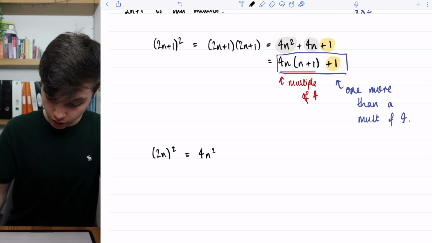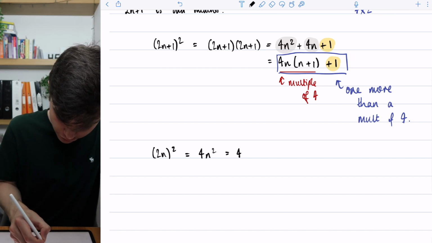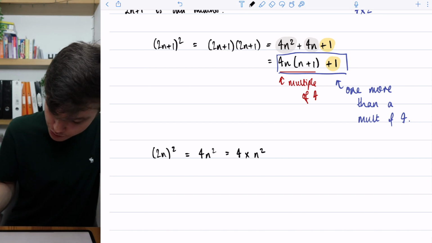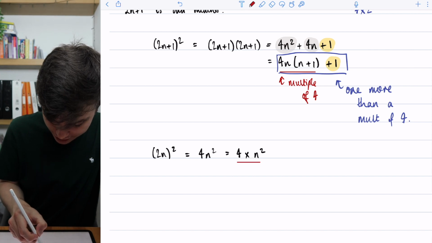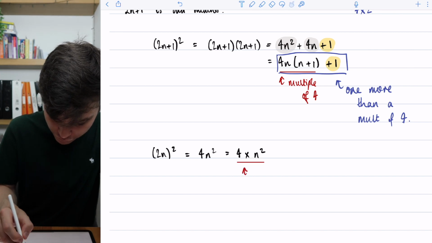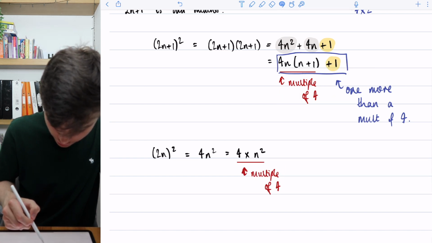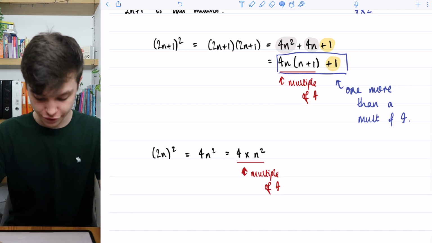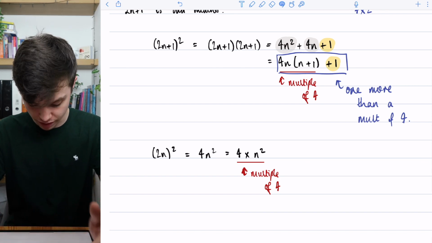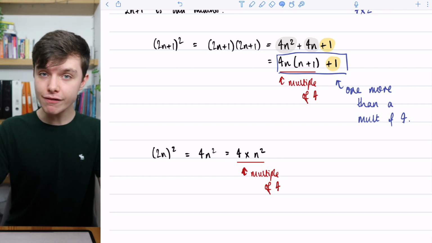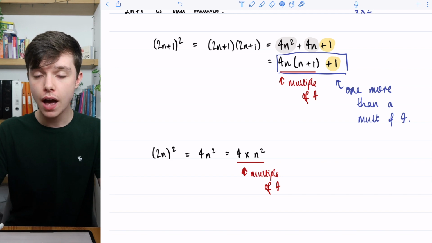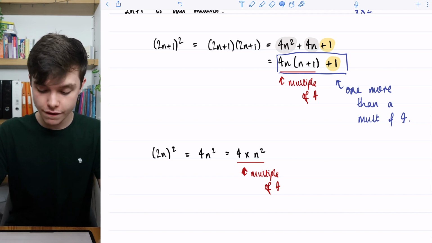Well, that is a multiple of 4, because really what we've got is 4 times n squared. Clearly a multiple of 4 because we've got 4 times something. So when we do the even numbers and we square them, they are always a multiple of 4.